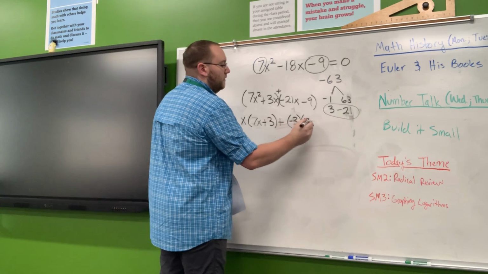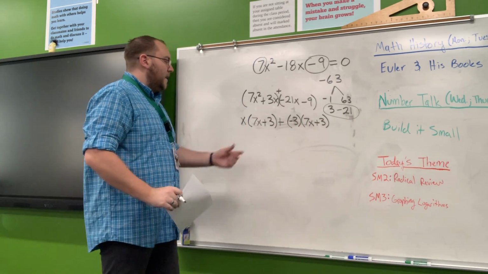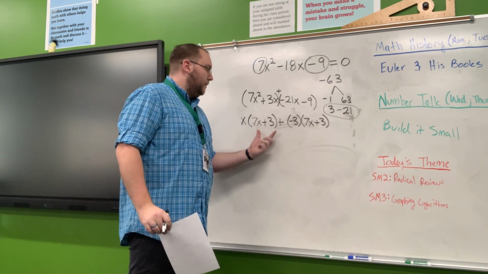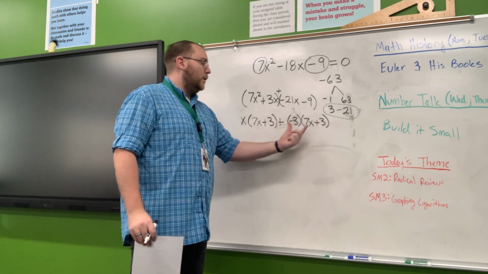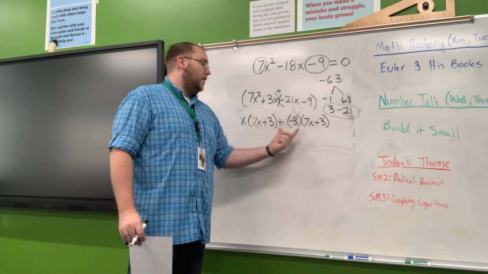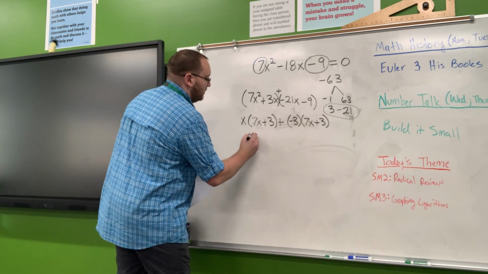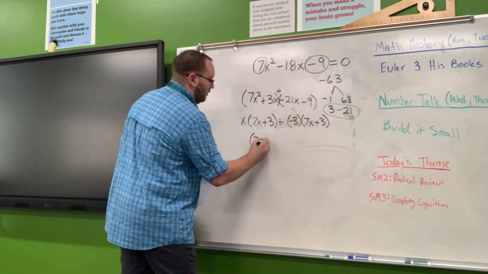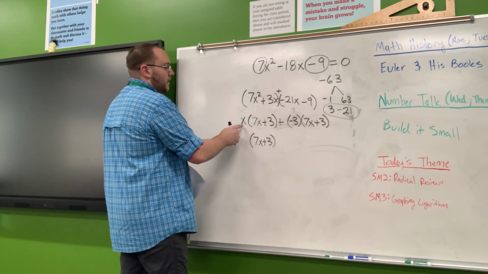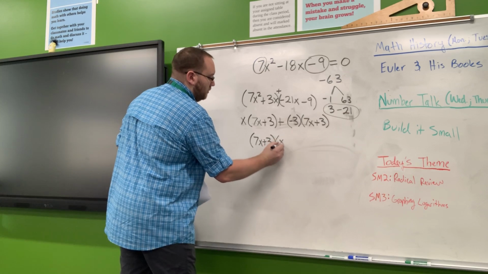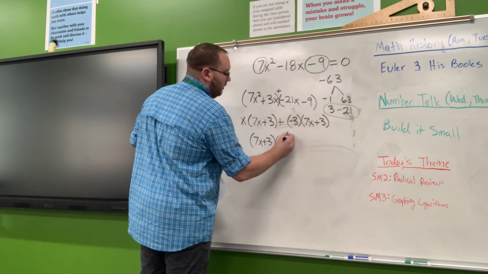Negative 9 divided by negative 3 is positive 3. All right. And these 2 parentheses here, these 2 binomials, hey, they're equal, so we're doing something right. Okay, the reason we want these to be equal is because now they're also a common factor, right? So we can factor out 7x plus 3. If we factor out 7x plus 3 here, we're left with just x. If we factor it out here, we're left with negative 3.